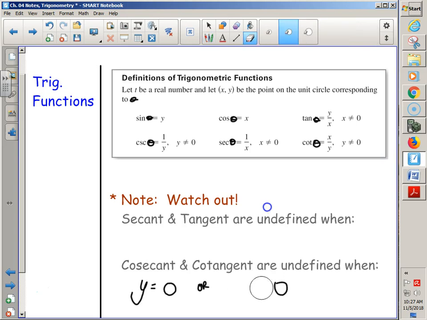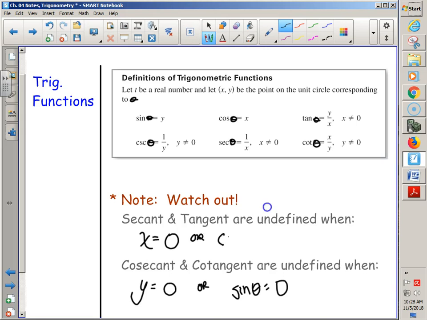I was filling in the top one in my head. Sine is the y value, so when y is 0, which will also be the exact same place as when sine is equal to 0. And as you guys noticed, secant, and maybe you also noticed tangent, both have denominators of x, so secant and tangent will be undefined when x is equal to 0, same thing as saying when cosine is equal to 0.